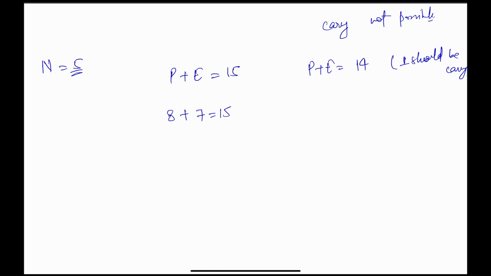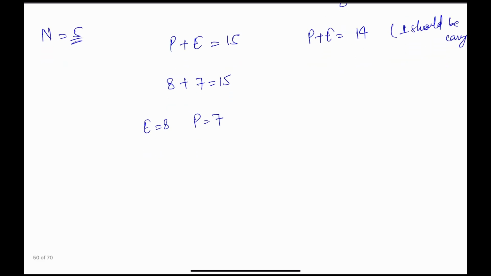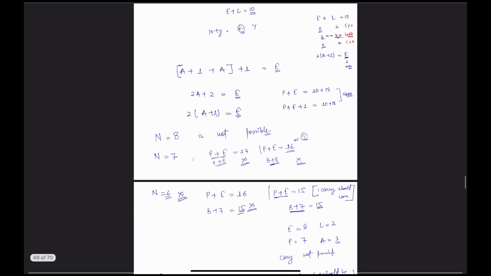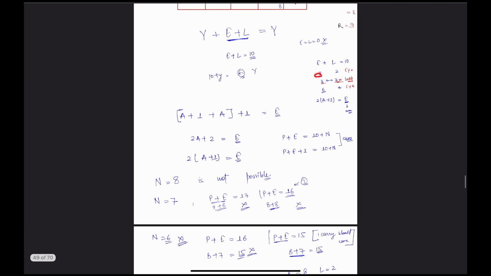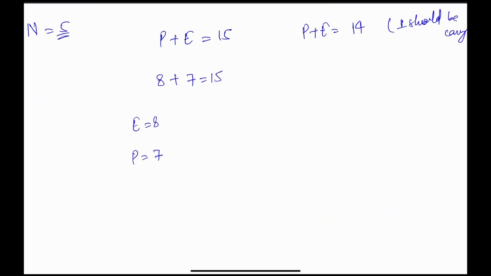For this value again e will be 8, p will be 7. If e is 8, then l will be 2, and then a will be 3, so this is a possibility.